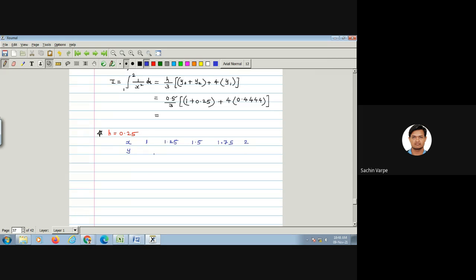And what are the corresponding y values? For x is equal to 1, y is 1 because 1 upon 1. For x is equal to 1.25, 1 upon 1.25 square. So what is the y value? That is, I guess, 0.64. Then 0.4444, 0.32653, and for x is equal to 2, that will be 0.25.